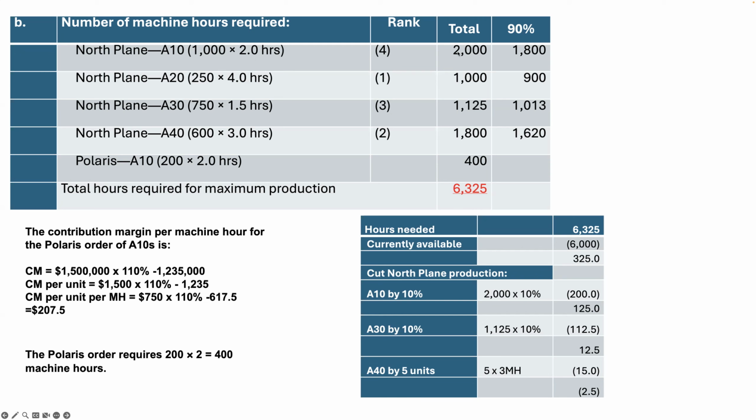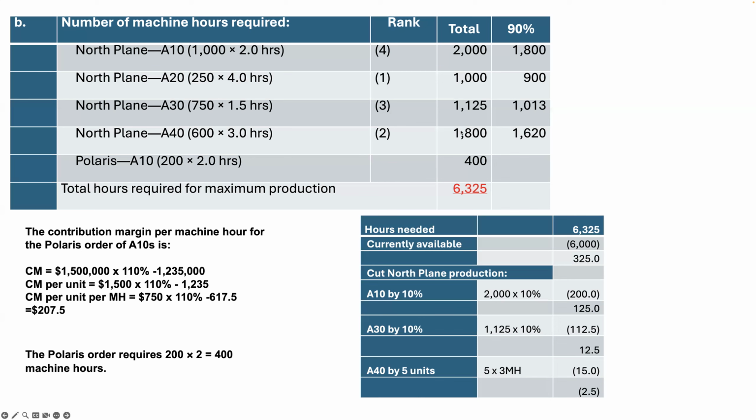So therefore, 2,000 machine hours is required. I did the same calculation for A20, A30, A40, and also this additional offer under consideration: 200 units times 2 hours per unit. So that's 400 hours.